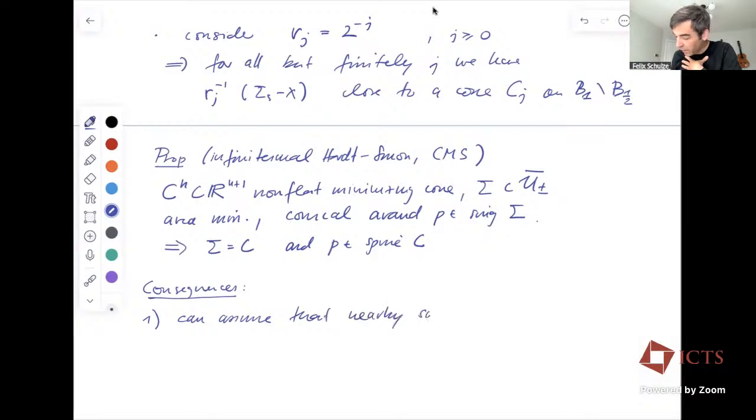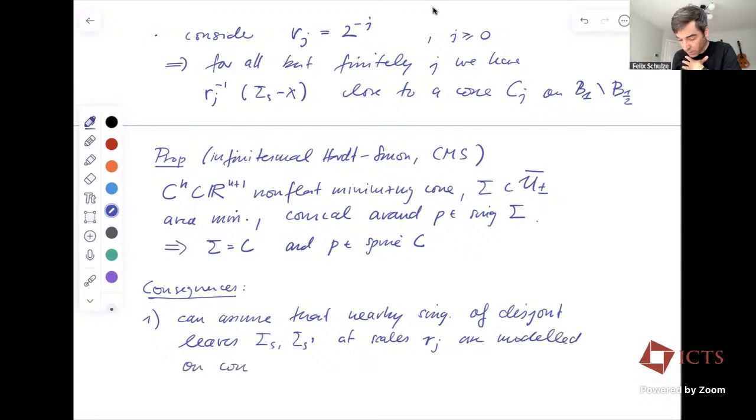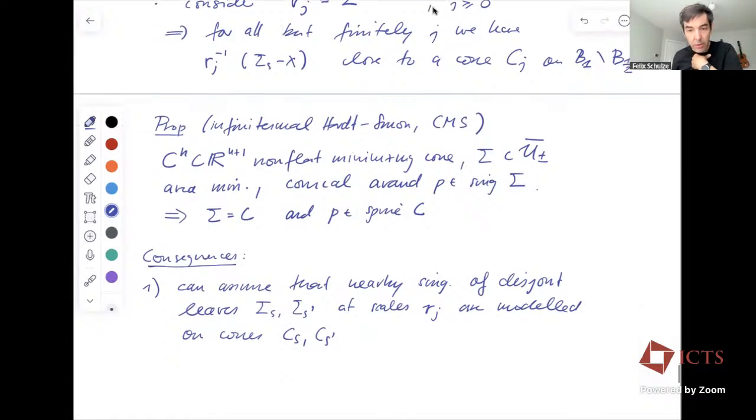That we can assume nearby singularities at the right scales of disjoint leaves, to assume that they're close to each other at the scale we're looking at, sigma s prime at scales r_j, are modeled on cones C_s prime, that we had seen that if we throw away finitely many scales, we can assume this, but these two cones have to sit on each side of each other.